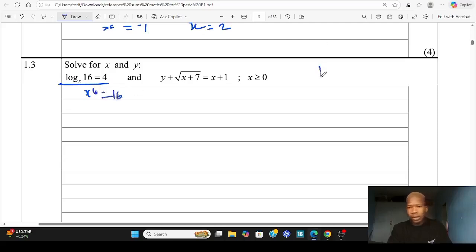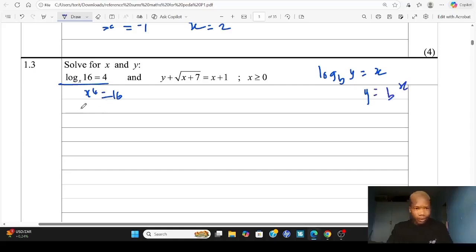Due to our log, if log b of y is equal to x, then we know that y is equal to b to the power x, right?